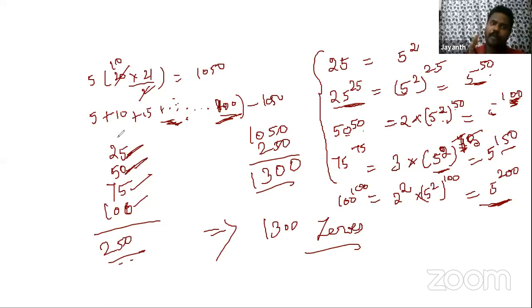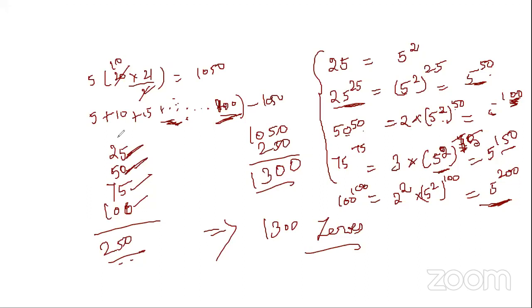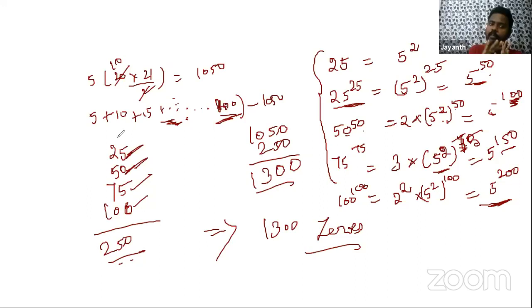So 25 power 10 means 5 square power 10, which you can write as 5 power 20. Likewise, 25 power 20 you can write as 5 power 40. Likewise, 25 power 25 you can write as 5 power 50. So you already considered only 25 fives here, but 25 power 25 has 50 fives. That 25 has to be added here. That's the thing.